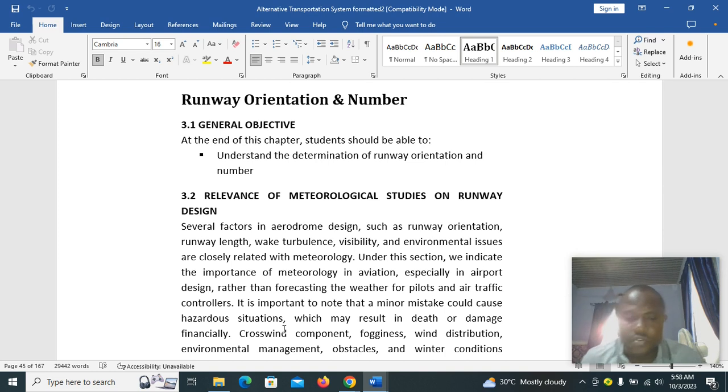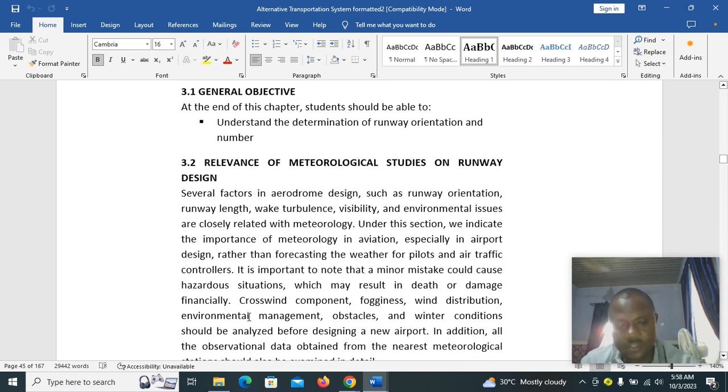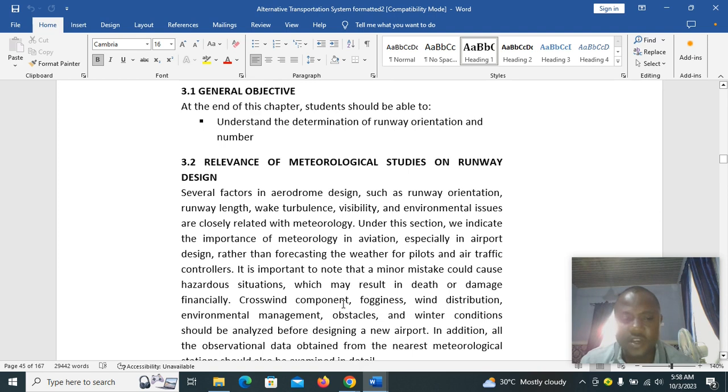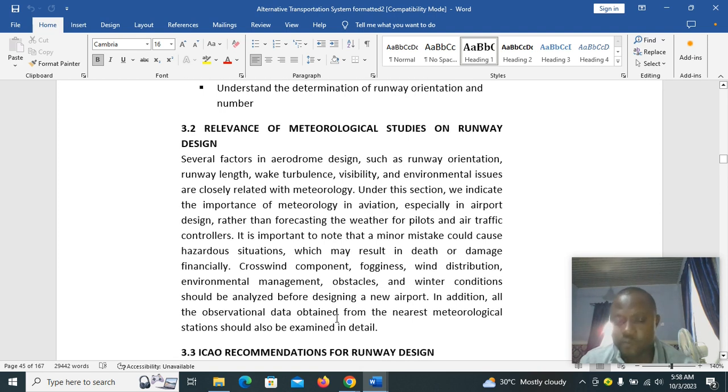It is important to note that a minor mistake could cause hazardous situations, which may result in death or financial damage. Crosswind components, fogginess and wind distribution, environmental management, obstacles and winter conditions should be analyzed before designing a new airport. In addition, all the observation data obtained from the nearest meteorological stations should be examined in detail. So we need to consider crosswind components because they affect the taking off and landing of aircraft.